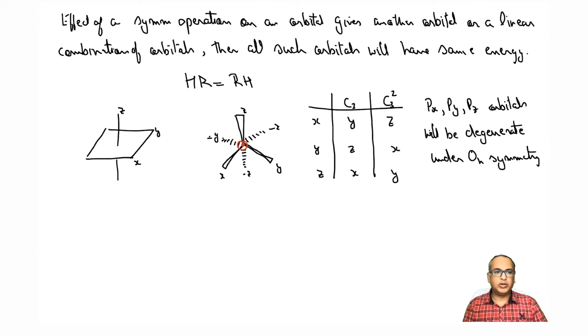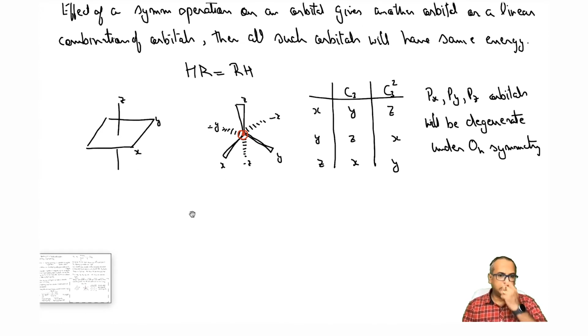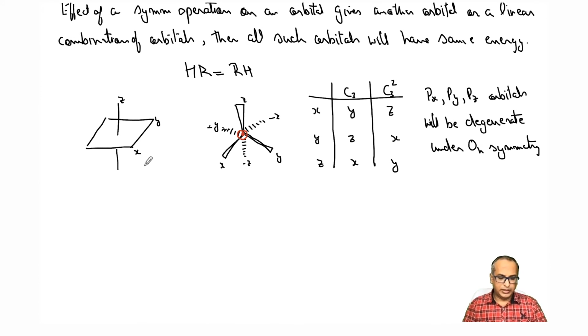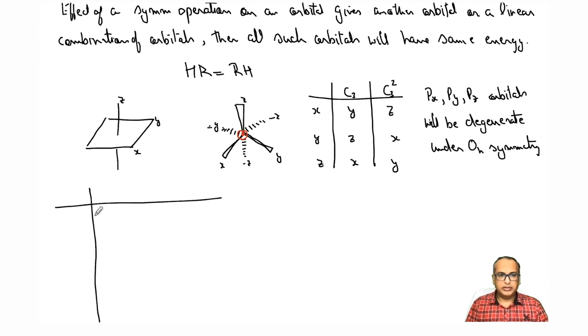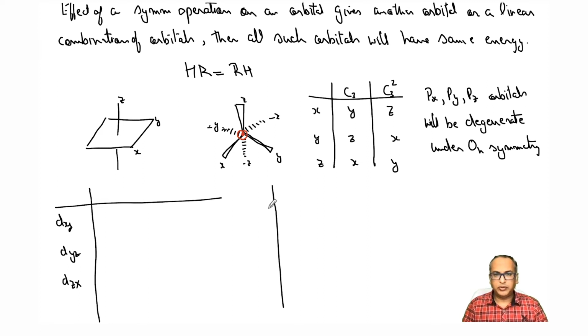Similarly, let us also look at d-orbitals now. So we have dxy, dyz, dzx, and here we will draw the rest of the two: dx square minus y square and dz square.